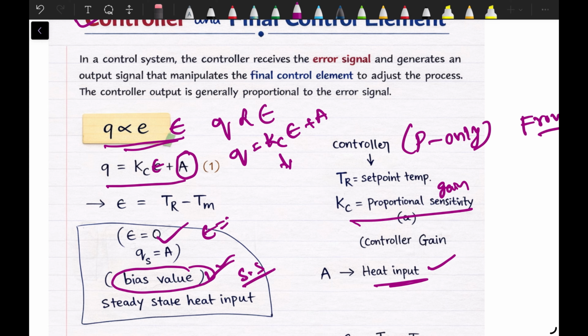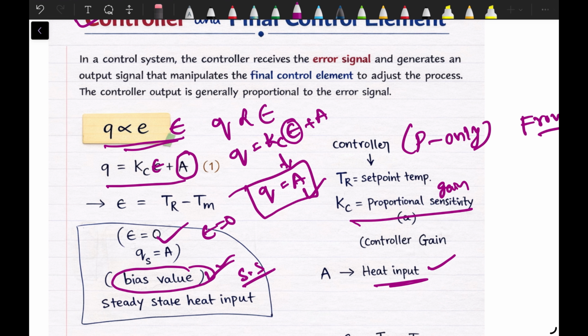Then Q equals A. This means that even when the error is 0, a certain steady heat input must be supplied to maintain the temperature.